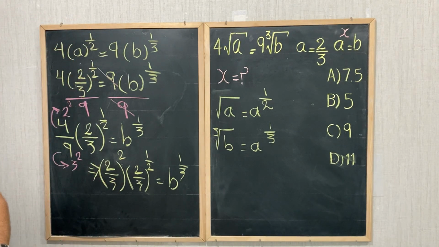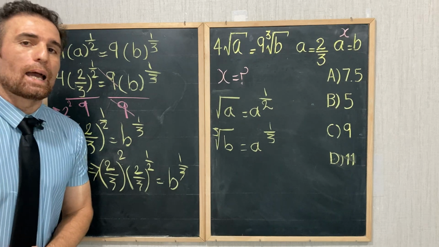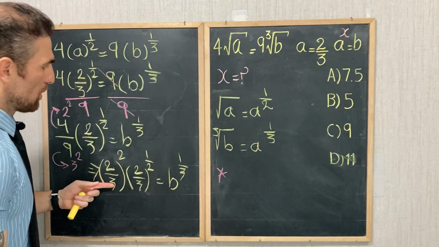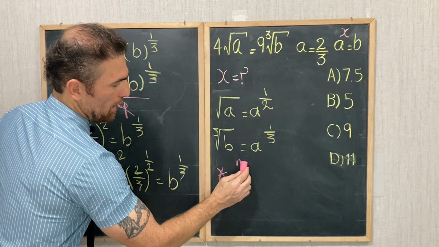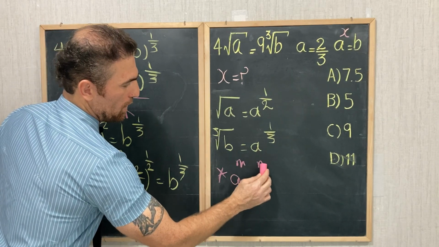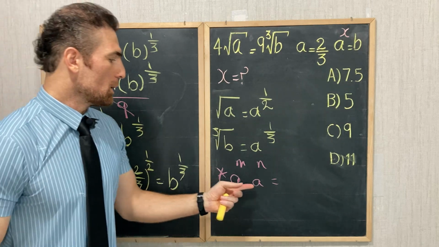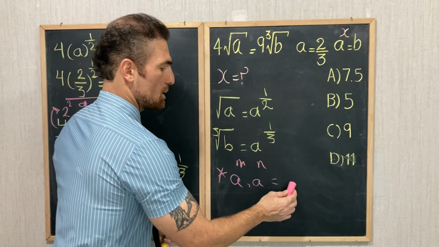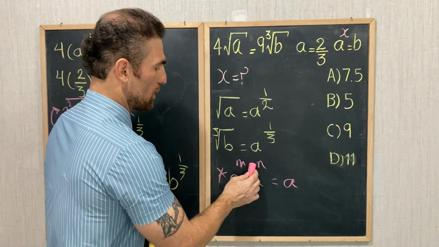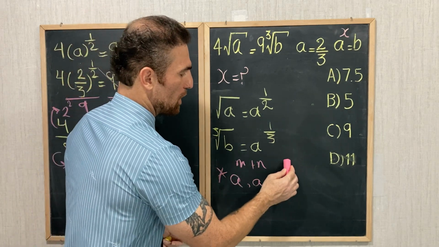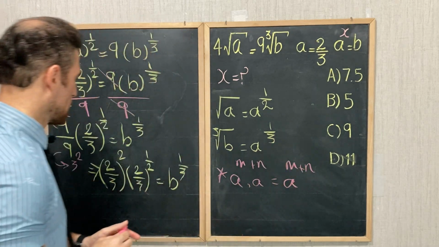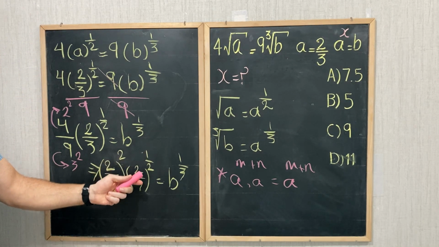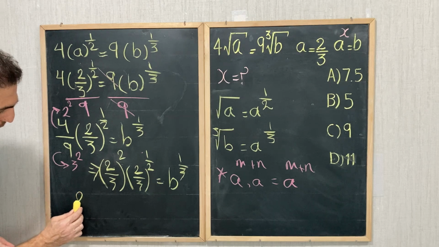To continue the solution, I'm going to use an exponential rule. Look, a to the power of m times a to the power of n: multiplication with same base, different exponent. Write the base and add the exponent. It's going to be a to the power of m plus n. So 2 over 3 to the power of 2 times 2 over 3 to the power of 1 over 2 is going to be same base, right?